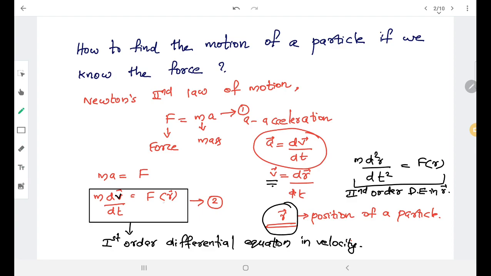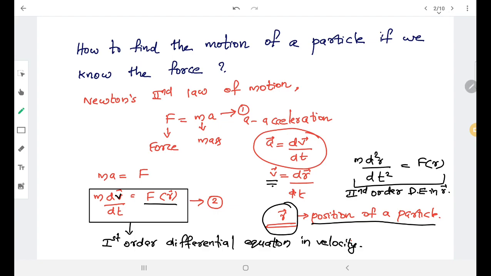But here the force is represented as f of r. F of r means it is a function of r. What is r? r is the position of a particle. So here force is represented as a function of the position of a particle. So this is our main problem.